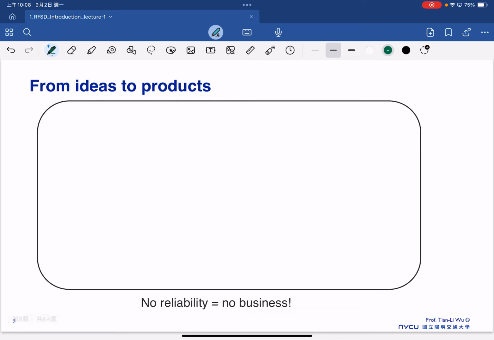Okay, and now I would like to share how industry people actually try to make a product from ideas. This is a typical timeline, not only for semiconductors, but for all new products around the world.